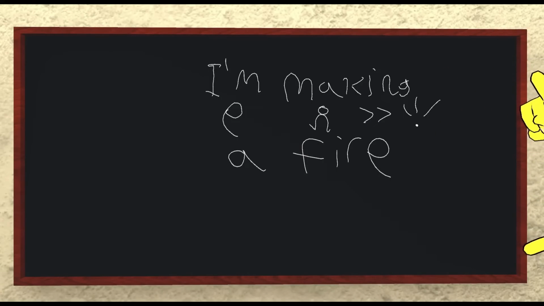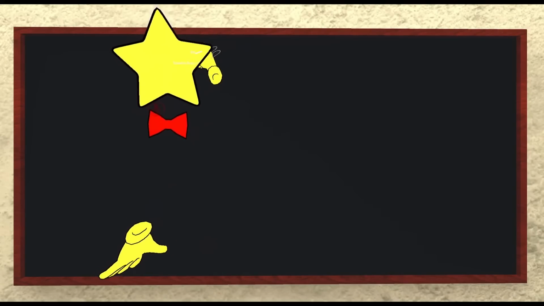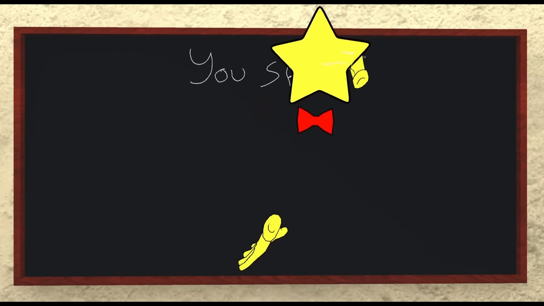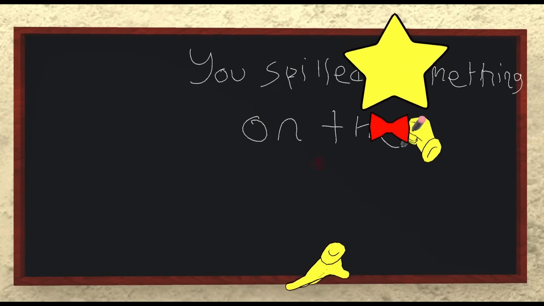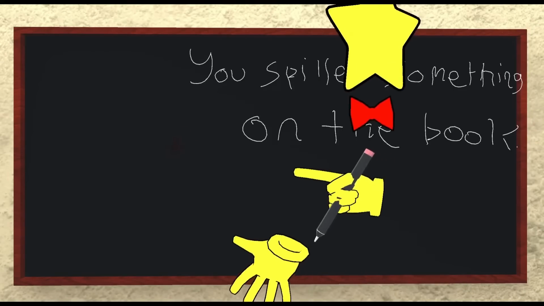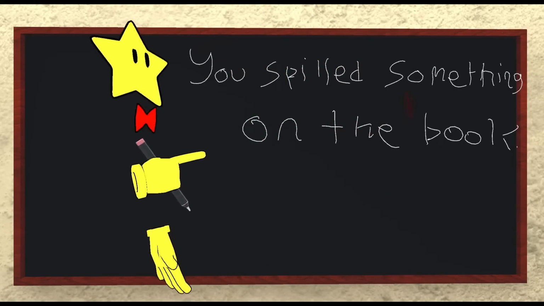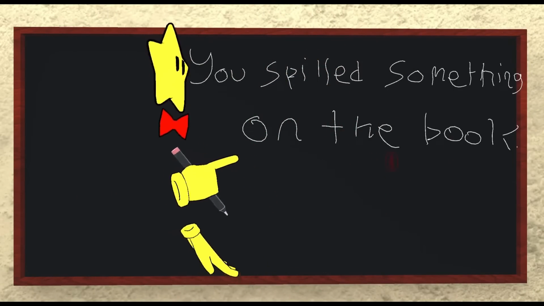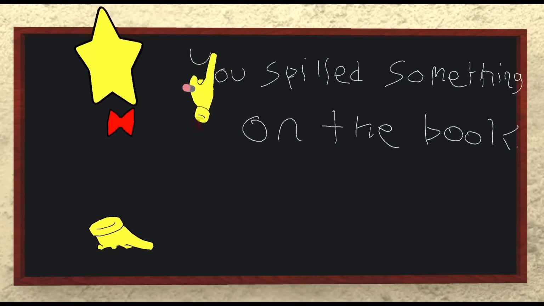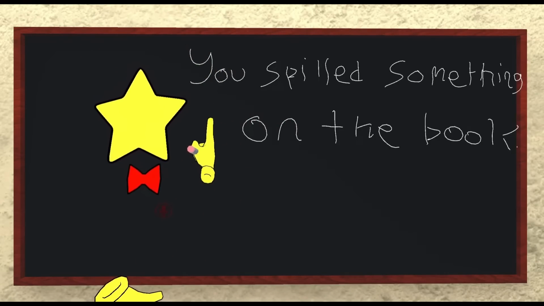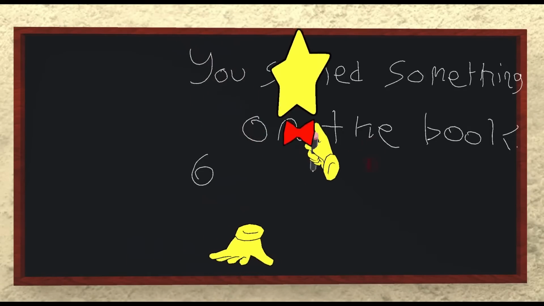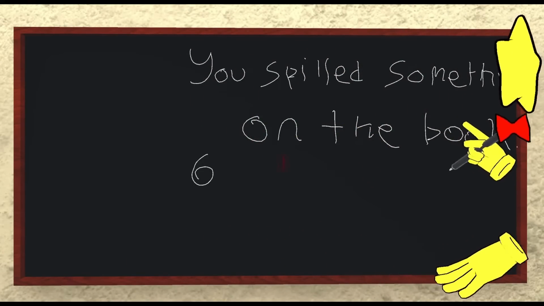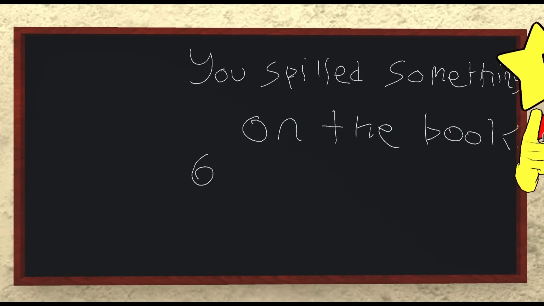Let's do another one. How about you spilled something on the book? Well, we have our subject, you. So let's say that's Sina. Go ahead and throw that in there. And then we have a book that is being acted on here.